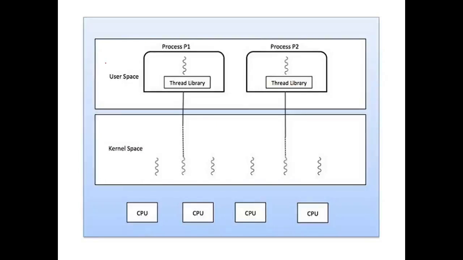You can see in this diagram that each user thread is accessed by one single kernel thread. This means that many threads can run in parallel on multiprocessors, and other threads can run when one thread makes a blocking system call.